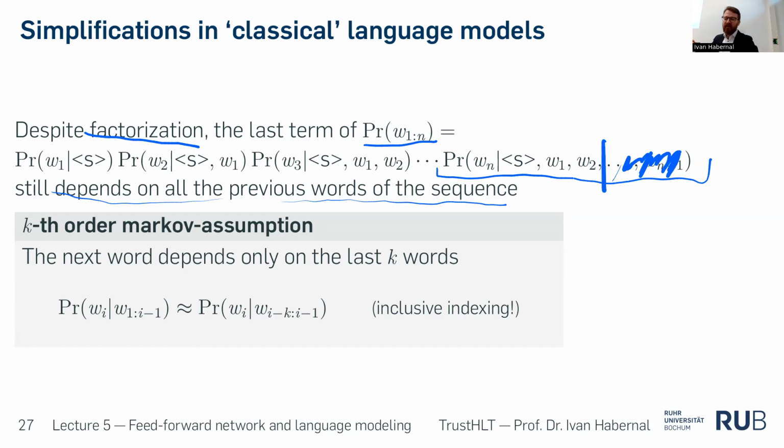So we make an approximation: the conditional probability based on the whole sequence is going to be something like the conditional probability given just the k previous words. The last k words are more important, and we just forget what was at the beginning.